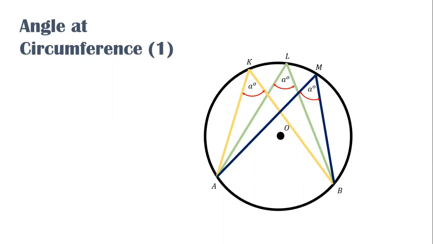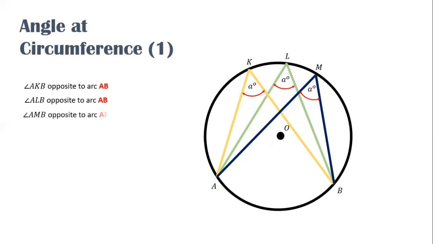Students, angle AKB is opposite to arc AB. Angle ALB is opposite to arc AB.